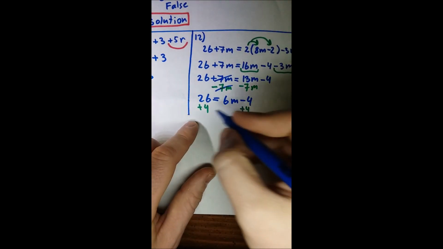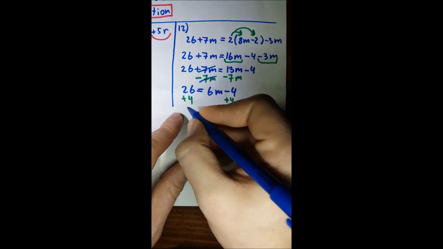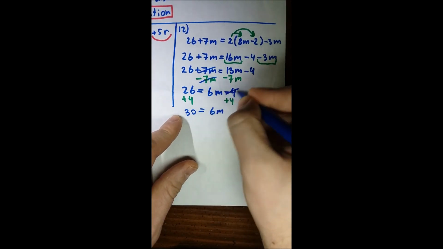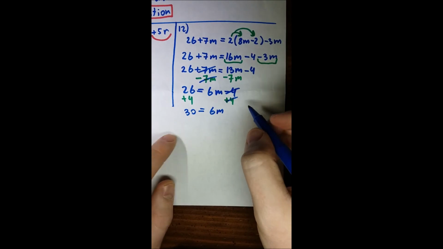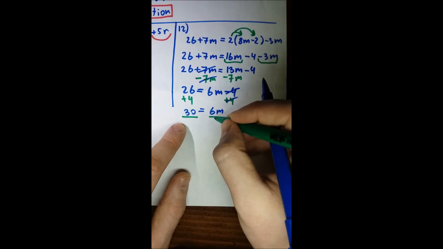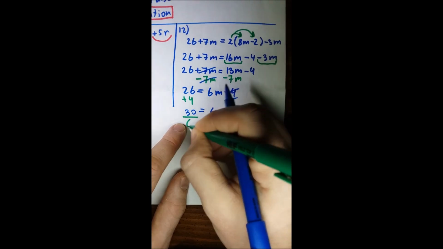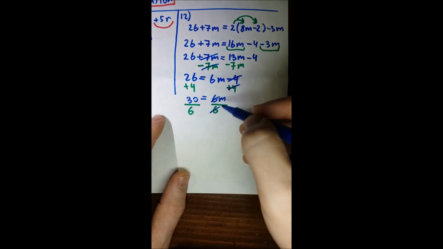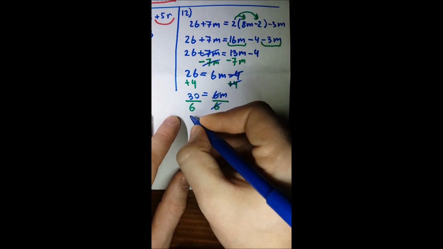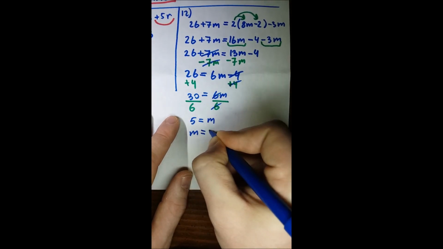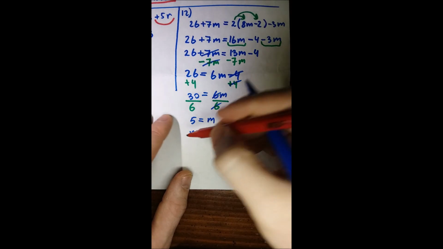So you're looking at 26 plus 4 is 30 equals 6m. Don't forget to cross that out. Now, divide both sides by whatever m is attached to, which is a 6. Okay, because there was a small multiplication sign invisible, we didn't see it. 6's cancel out. 30 divided by 6 is 5 equals m, or m equals 5. That's a GG.